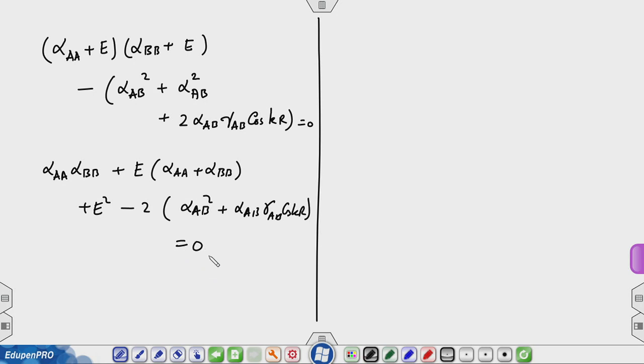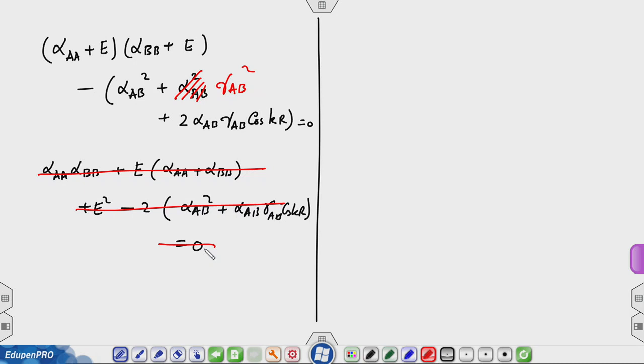You can do the rest of the calculation. I think I did make a mistake. This is not alpha, this is gamma A B square. So, this is not 2 alpha. I am going to write the equation all over again.